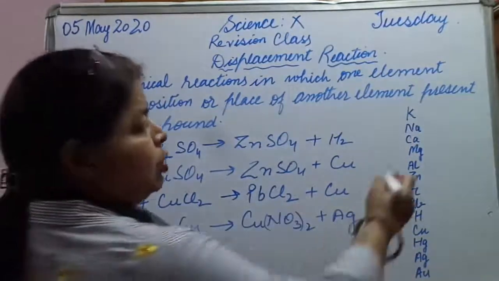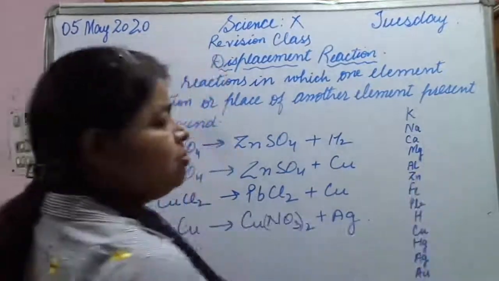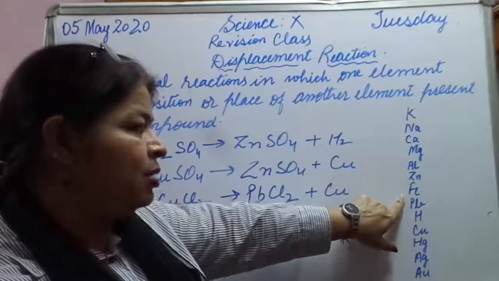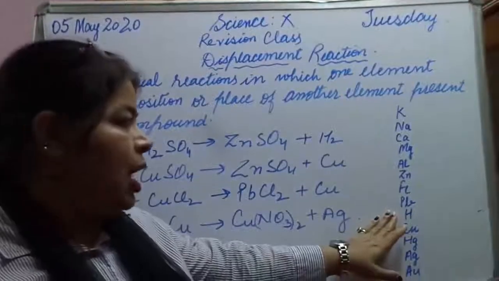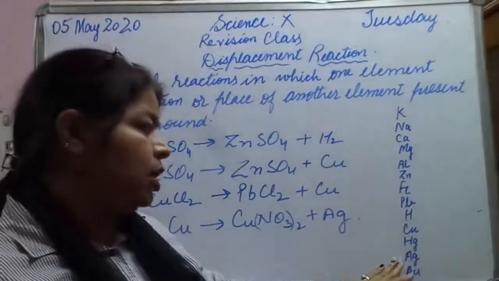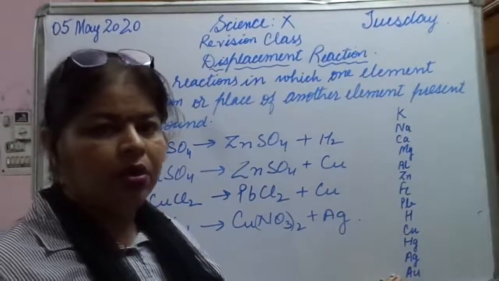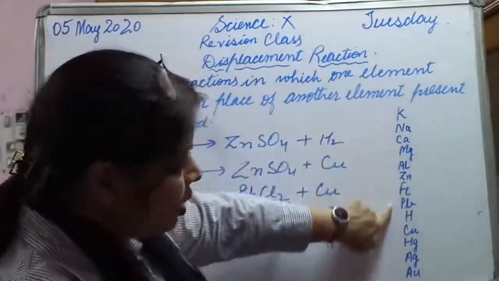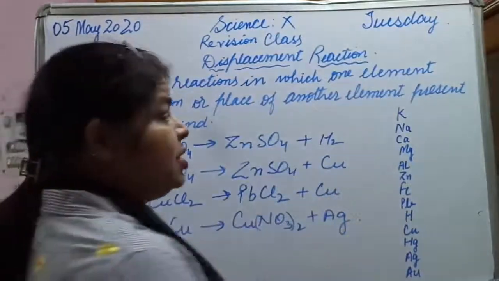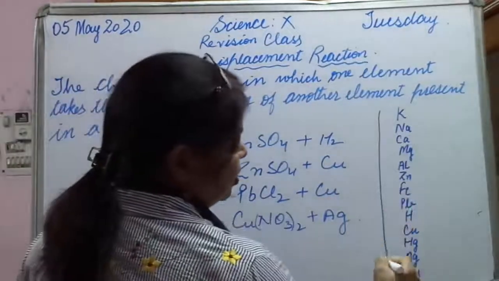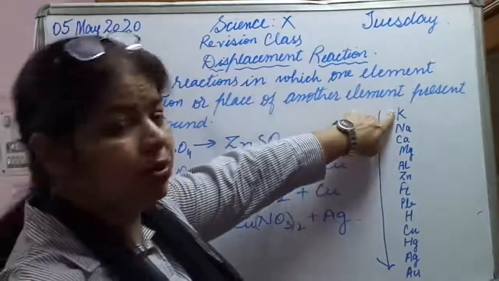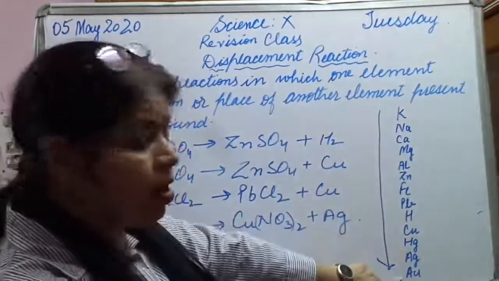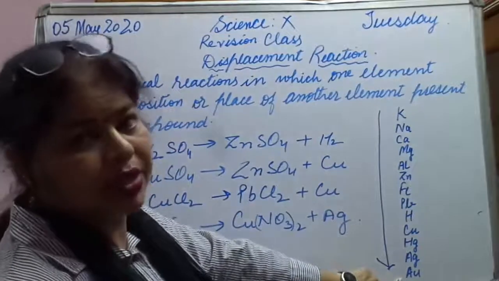So potassium, then sodium, calcium, magnesium, aluminium, zinc, iron, lead, hydrogen, copper, mercury, silver and gold. This is the reactivity order. Can you see, these are arranged according to the decreasing order of reactivity. It means the top has the highest reactivity and the lowest is the least reactive.